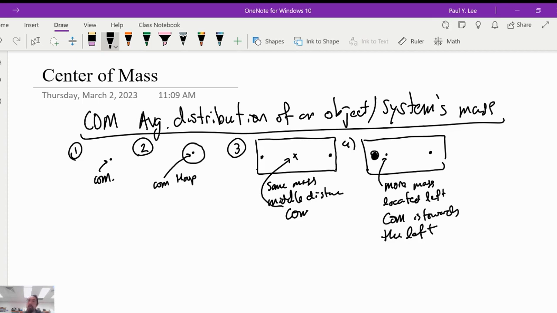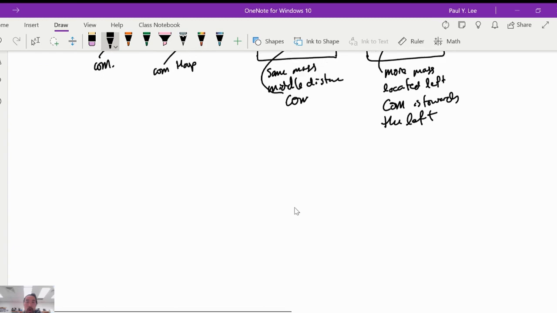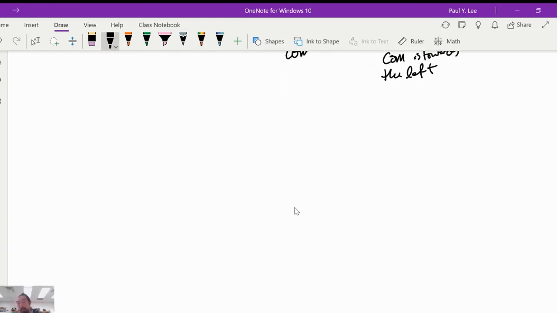All right. So with this idea of center of mass, we can actually get into the idea of the center of mass's momentum. So let's do the same ideas, but now let's apply the idea of the center of mass, or the system's velocity.